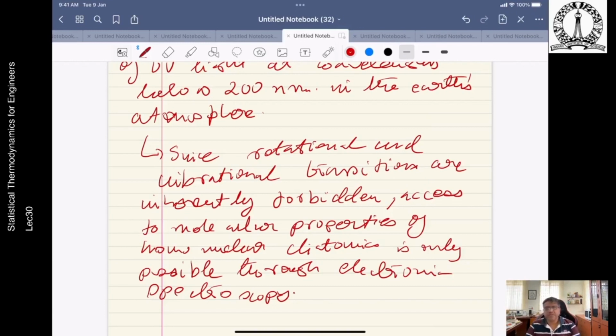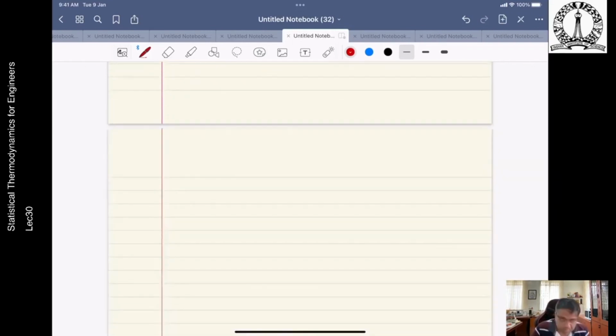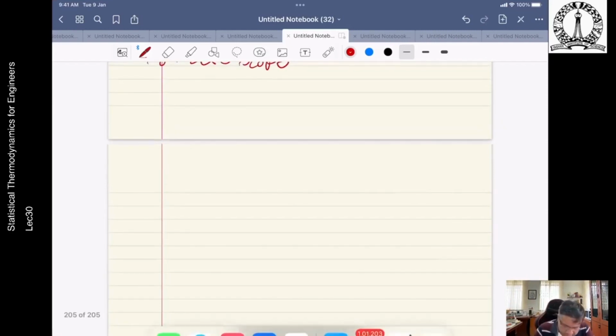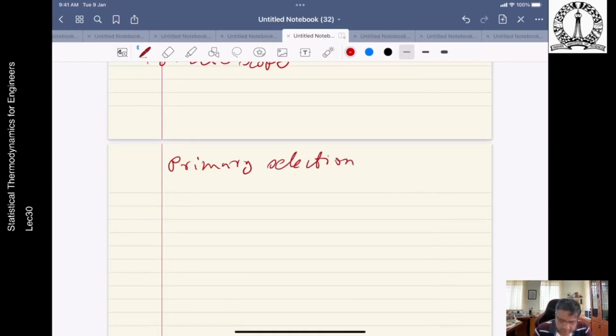Let us also write the selection rules in a most compact form, so that you have an idea of where to look up. This is the primary selection rules for rotational, vibrational, and electronic energy modes.